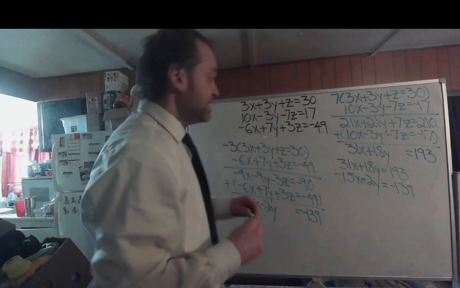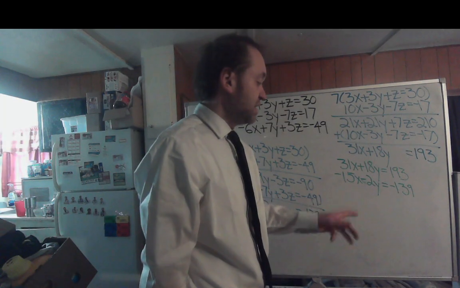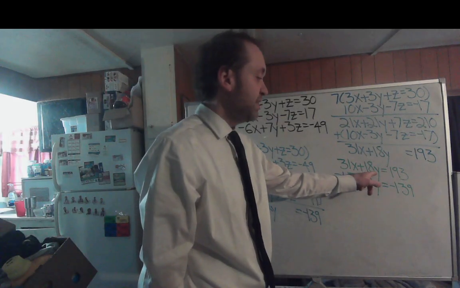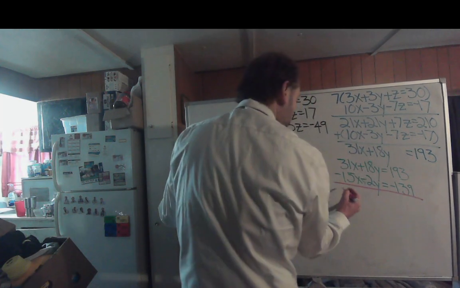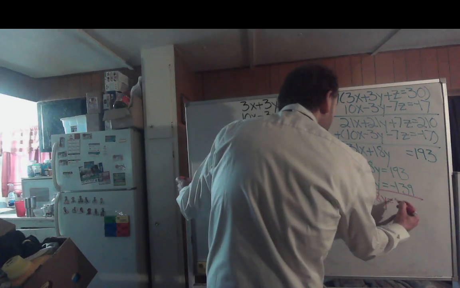Well, I think it's obvious we want to just get rid of y. Because if you multiply the second equation by 9, you would end up with a positive 18y and a negative 18y, making it nice and easy to get rid of the y variable. So let's go ahead and do that here. I'll keep my 31x plus 18y equal to 193 the exact same.